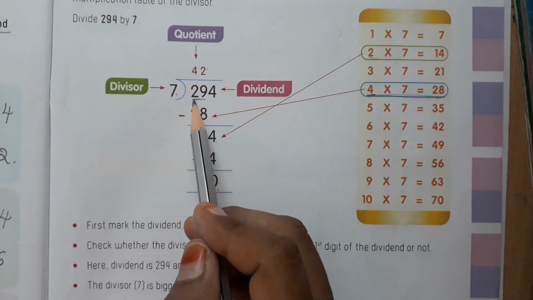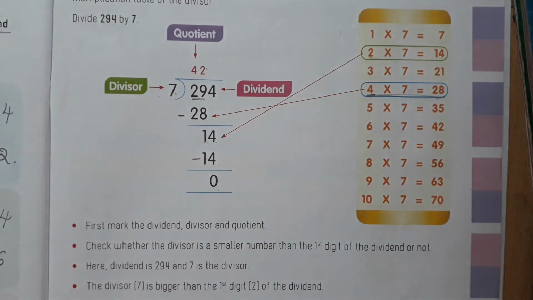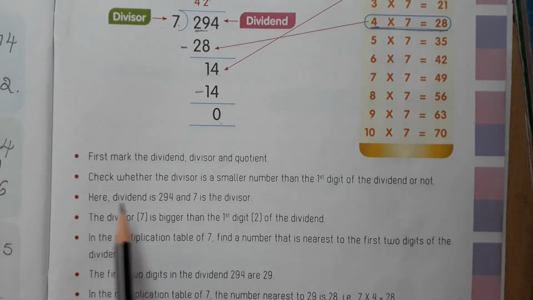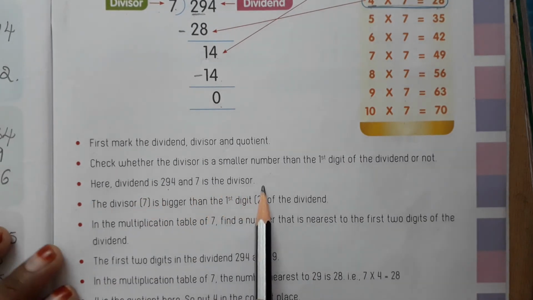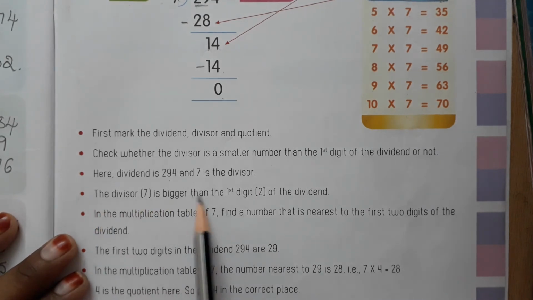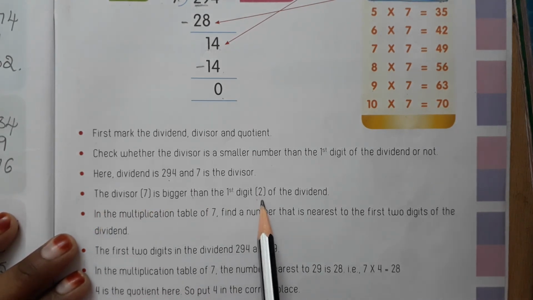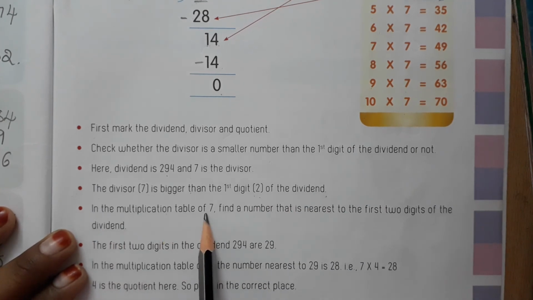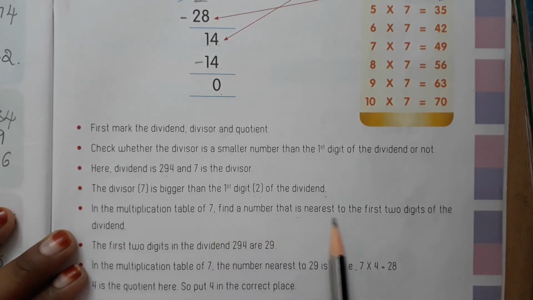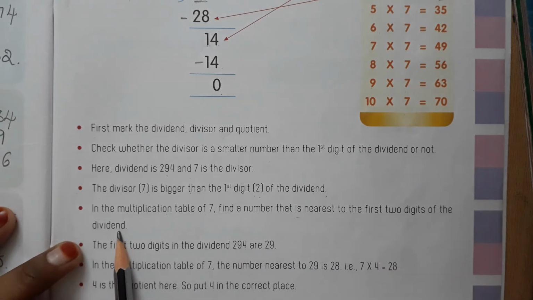The divisor 7 is bigger than the first digit, that is 2, of the dividend 294. In the multiplication table of 7, find a number that is nearer to the first 2 digits of the dividend.